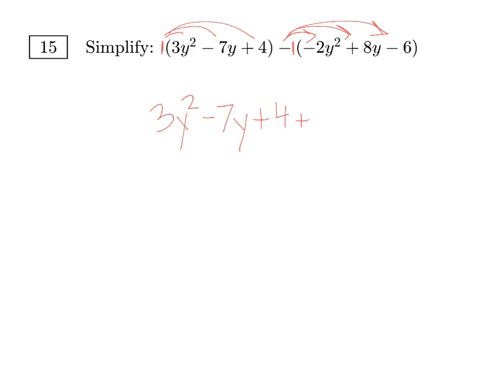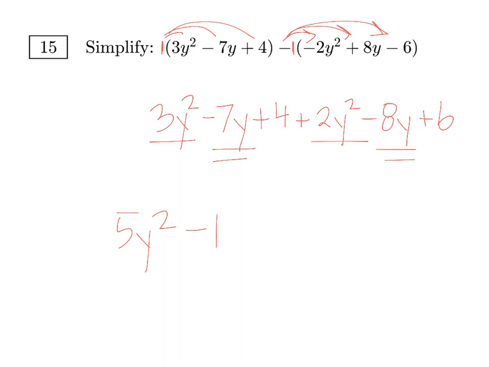So I'm going to have plus 2y squared minus 8y plus 6. All right, so now I have 3y squared plus 2y squared, which is 5y squared. Then I have negative 7y minus 8y, which is negative 15y. Then I have 4 plus 6, which is 10. And that's all we could do with this. We're done.